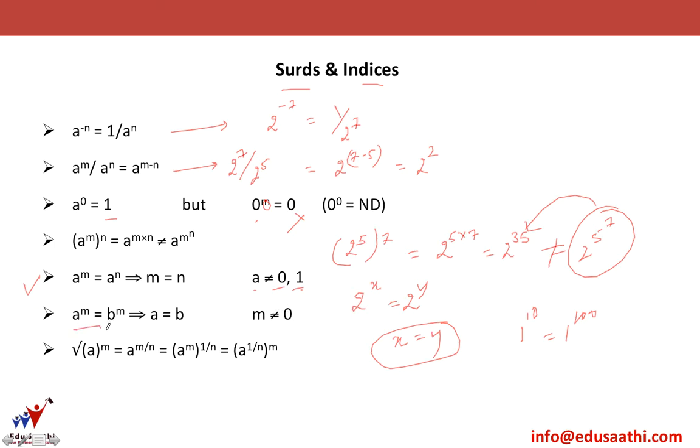Similarly, if a raised to power m is equal to b raised to power m, then a has to be equal to b. For example, if I have 2 raised to power 7 is equal to x raised to power 7, then x has to be 2. It cannot be any other number.